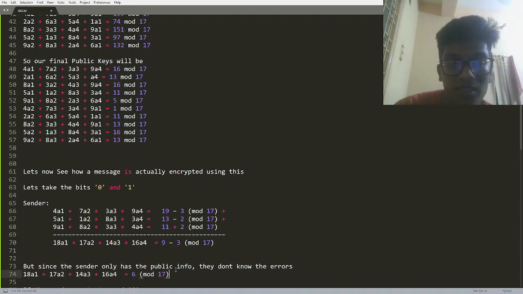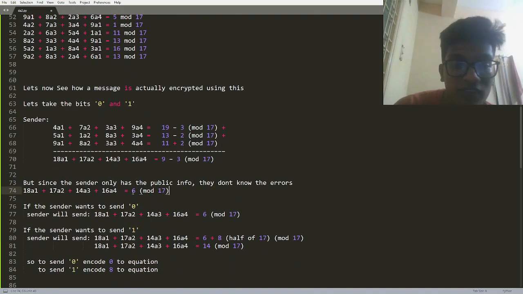If the sender wants to send the bit 0, he will just send this equation to me. But if the sender wants to send 1, he will add 8. Where is this 8 coming from? This is half of 17, and 17 is our q. So we add half of that q value to the final answer, then he will send it to me.